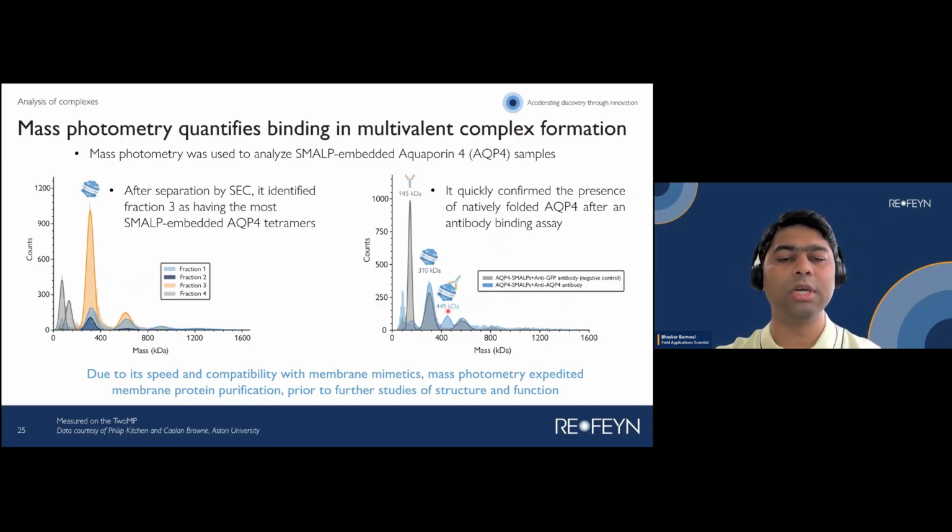And as you can see here, the AQP4 binds to the antibody, and you can see another peak for that one. So due to its rapid testing and compatibility with membrane mimetics, mass photometry can expedite your membrane protein purification prior to further studies for structure and function.